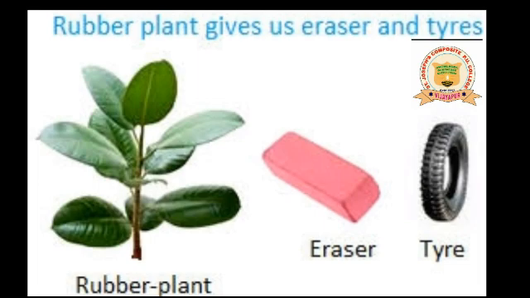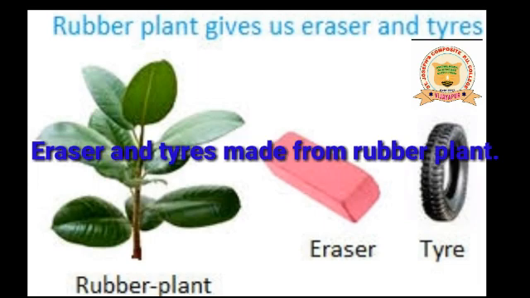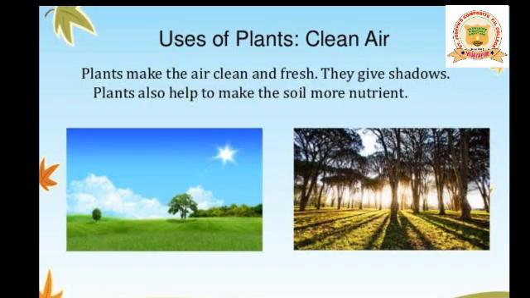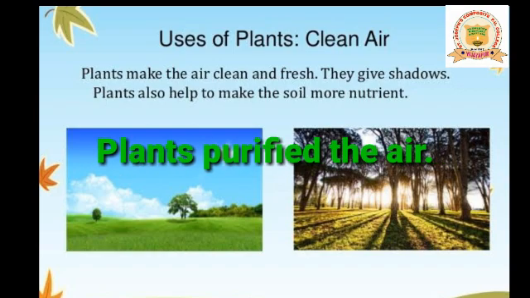Next one, plants like rubber. Rubber plant is used to make erasers or tires of different vehicles. So the rubber plant gives us rubber, which is used to prepare erasers and tires. Then plants purify the air or clean the air, and plants give shade.